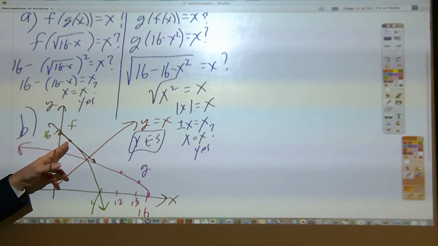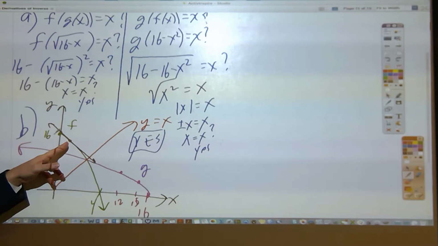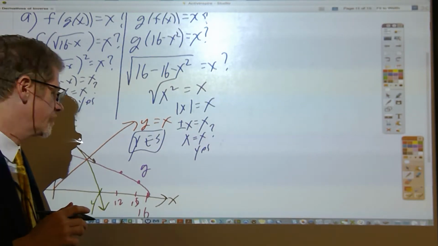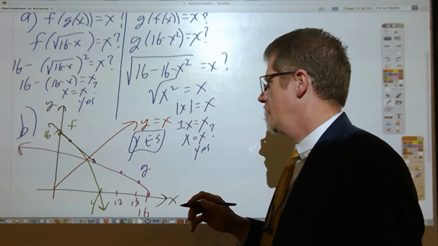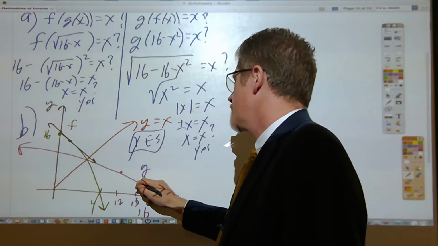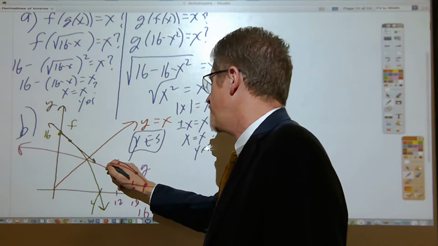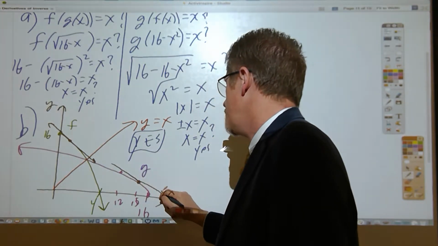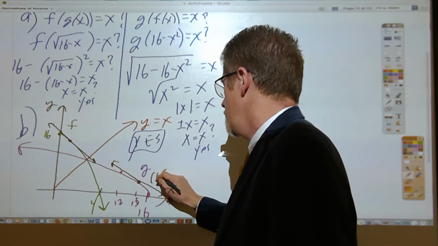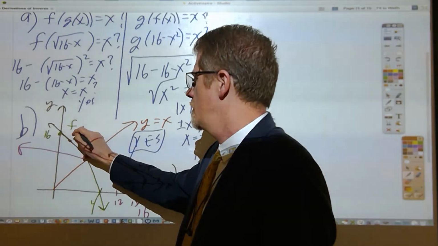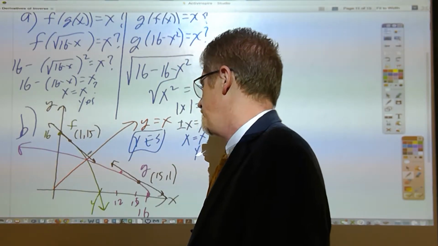Go ahead and draw the tangent line to the green graph at the point 1, 15. Next, again in black, I'm going to draw the tangent line to the purple graph at the point 15, 1.